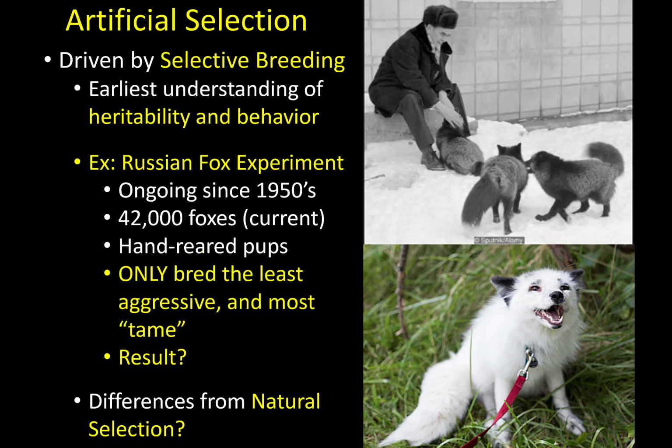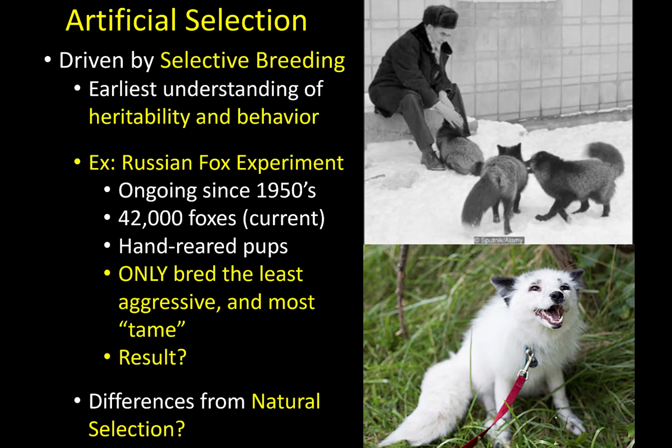They were the least aggressive. They were the most interested in socializing with people. And over generations, we continued to do this. We only allowed offspring who were also very pro-social towards us, who were calm, who were non-aggressive. They were the only ones allowed to breed. So we continued to select for these tame characteristics. And over hundreds or maybe thousands of generations, we started to get animals that, from birth, weren't afraid of us, were calm when they were around people and other animals, weren't aggressive. Okay? They were tame. And that's what we see today as well in our domesticated animals.